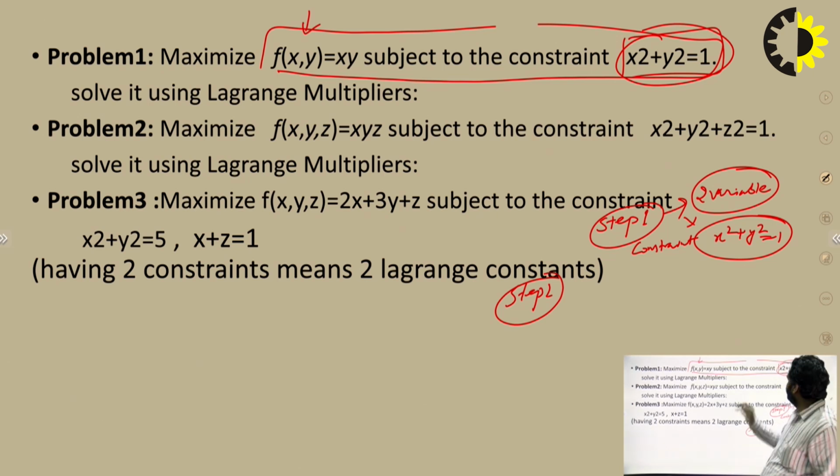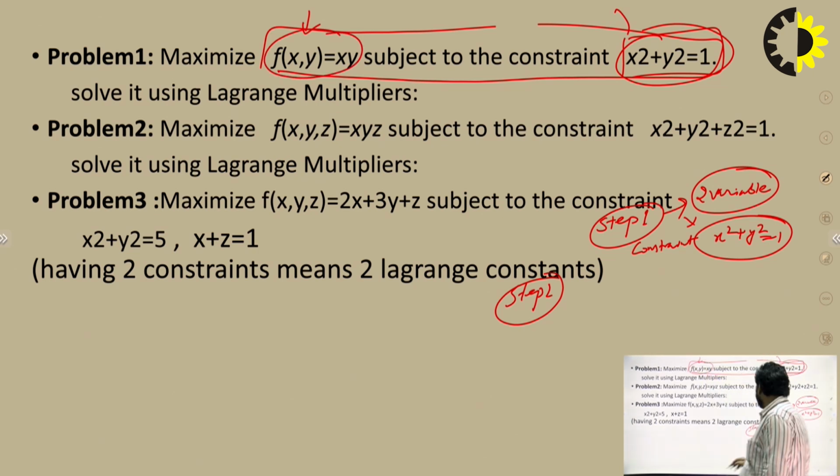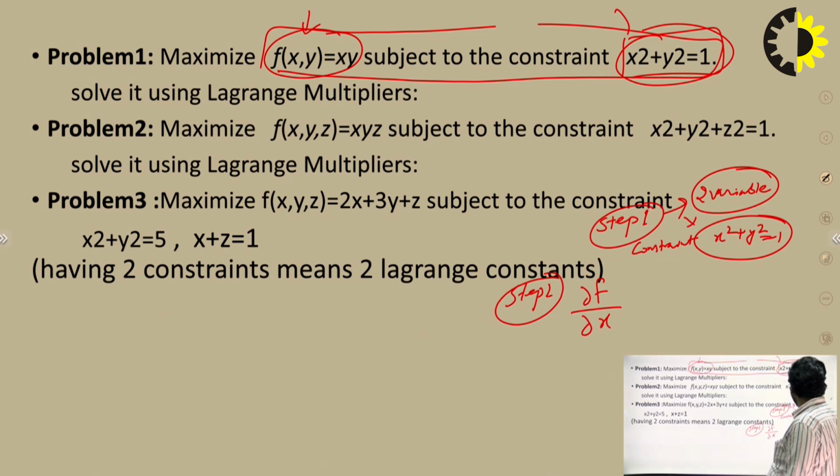Now the second step, we need to take the derivative of the given function, that is del f with respect to the first variable. We have two variables x and y.